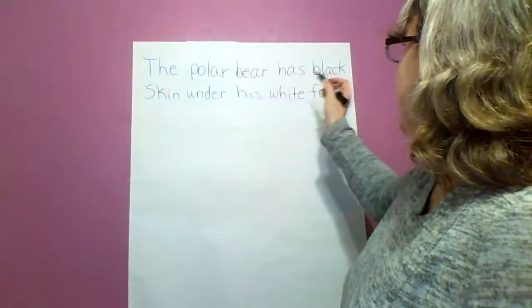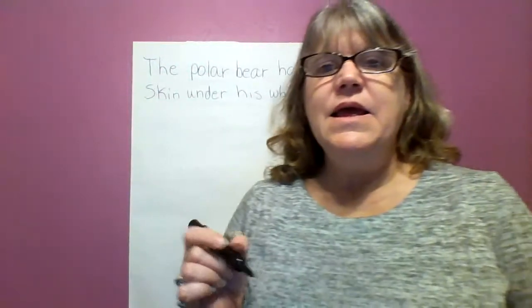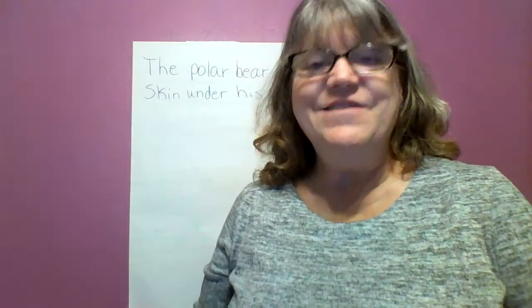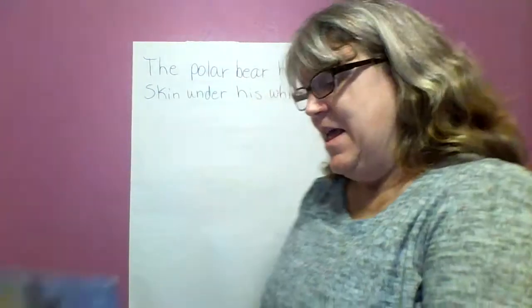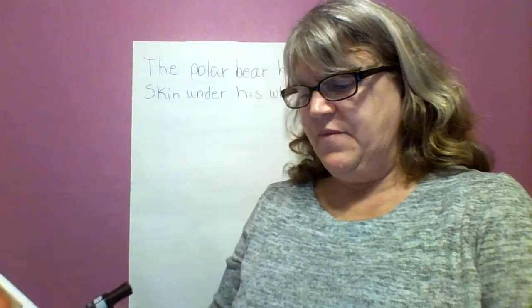The polar bear has black skin under his white fur. I did not know that. So that's one fact. Let's read some more and see if we can find something else interesting.